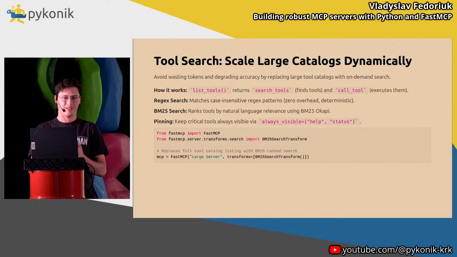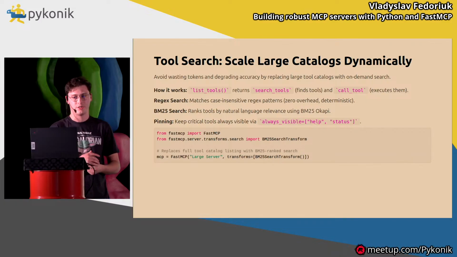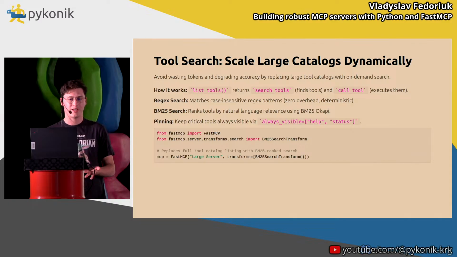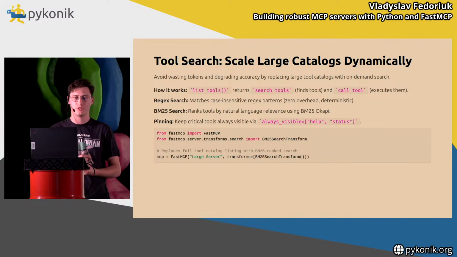Also, there is an extension called tool search. If you have a lot of tools, the performance of your agent using those MCP servers will degrade over time once you add more and more tools. One way of solving that is introducing a higher-level tool, which is able to search the tools based on, for example, semantic similarity or BM25 search.